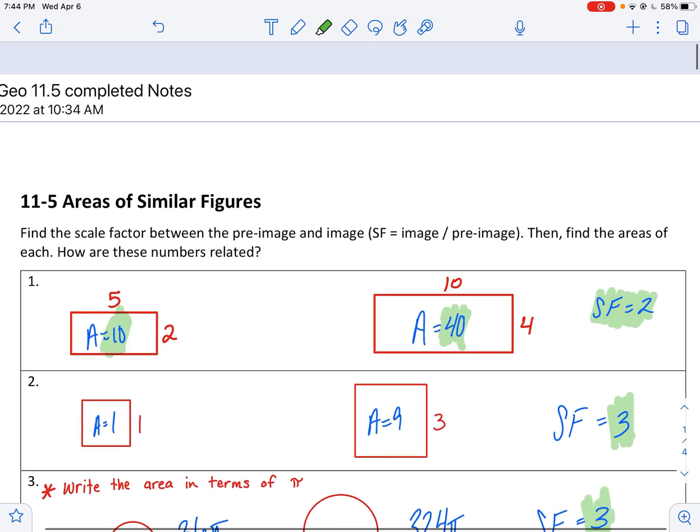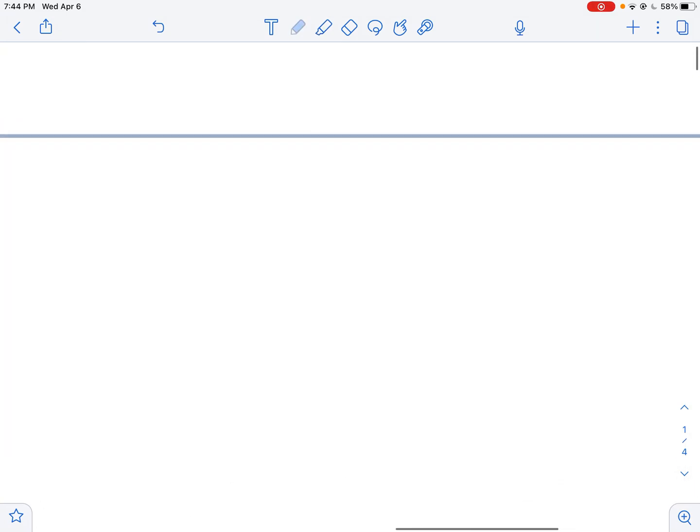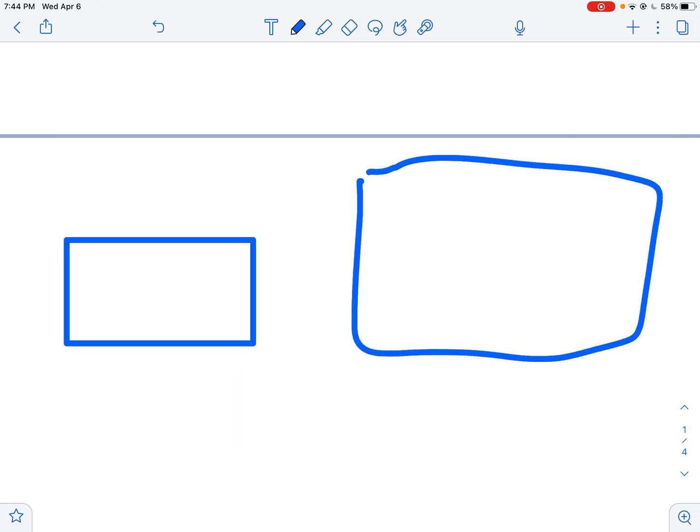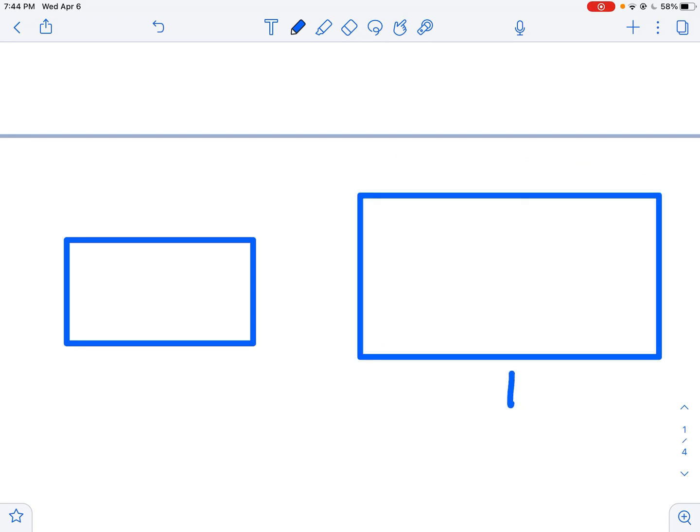Now, why does that happen? Well, if I were to redraw those two rectangles, I'll go 10 and 4 and 2 and 5. What's really happening when I scale this up? This area is 5 times 2.